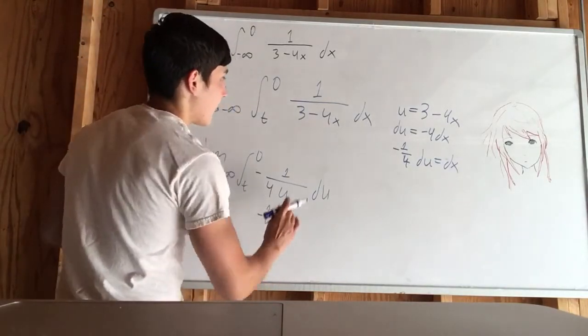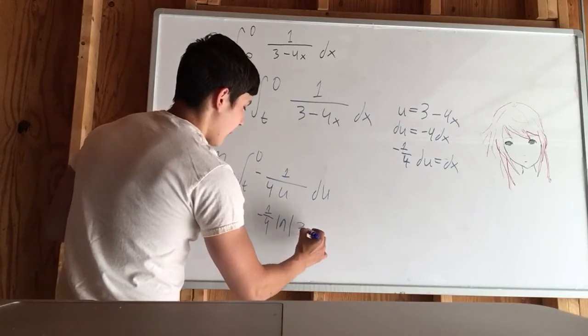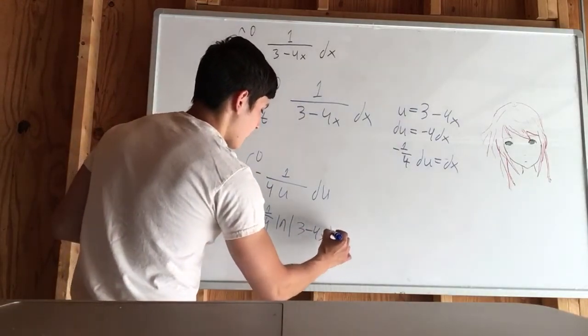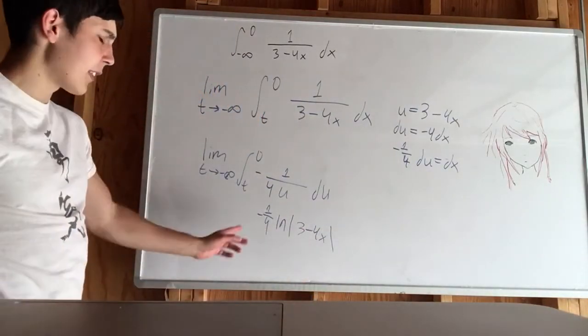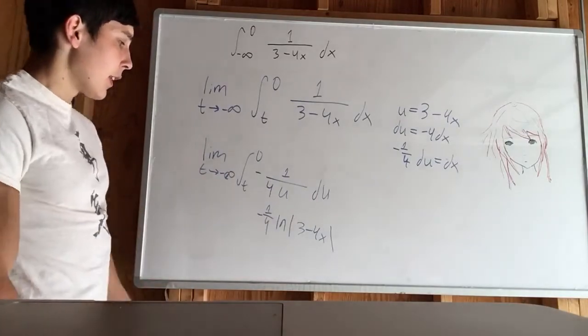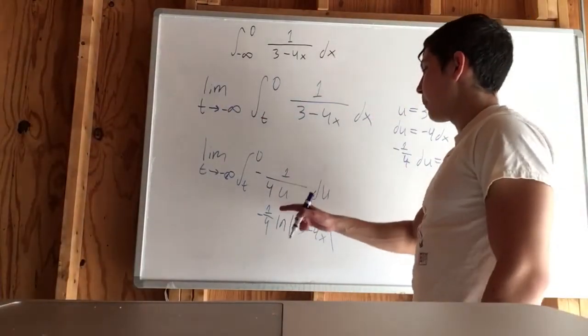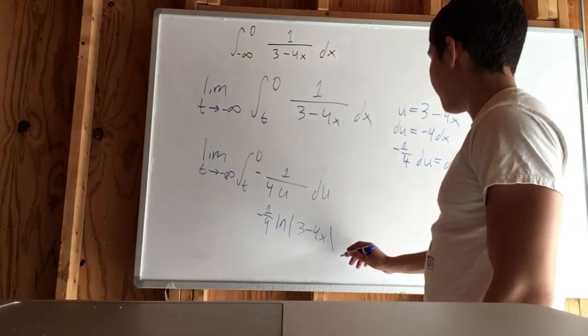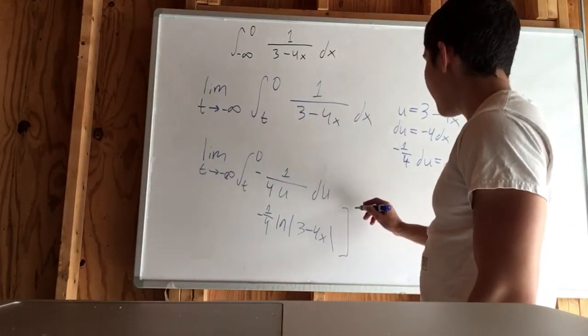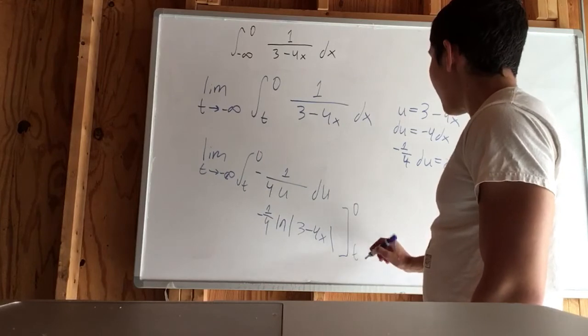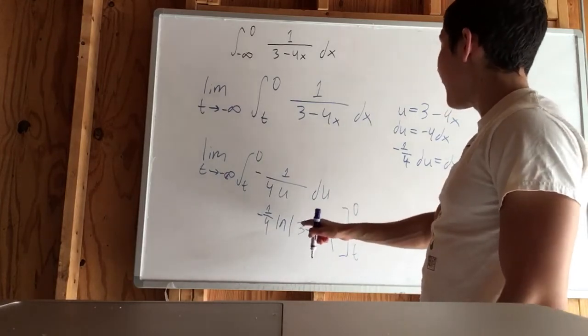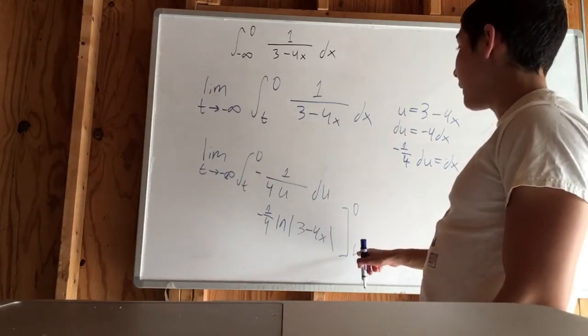Let's go ahead and plug that back in. It's 3 minus 4x. Negative 1/4 times natural log of 3 minus 4x. When we integrate and we have these bounds, we plug in the top and subtract from that, plugging in the bottom.